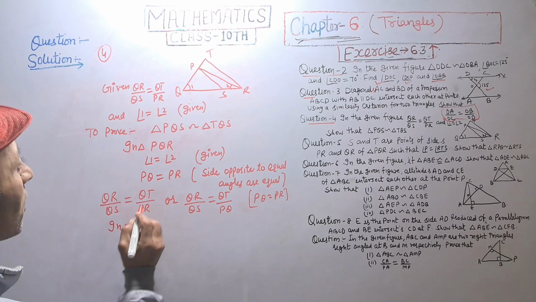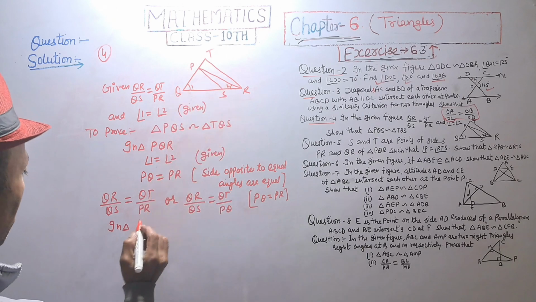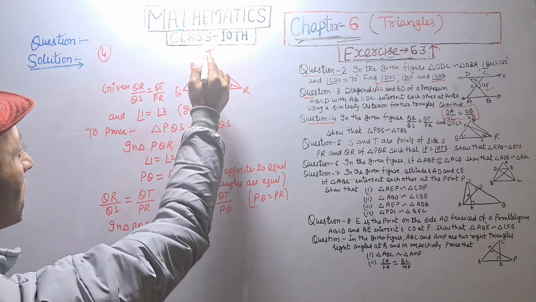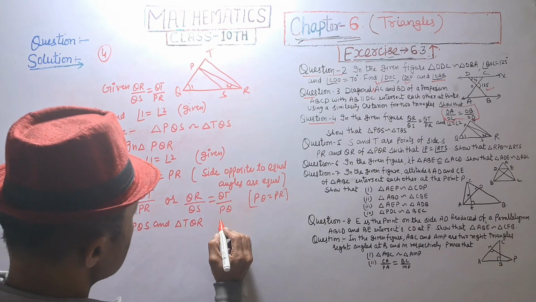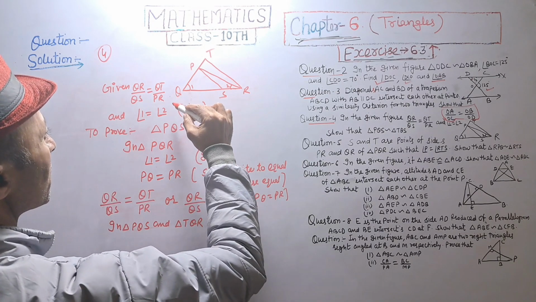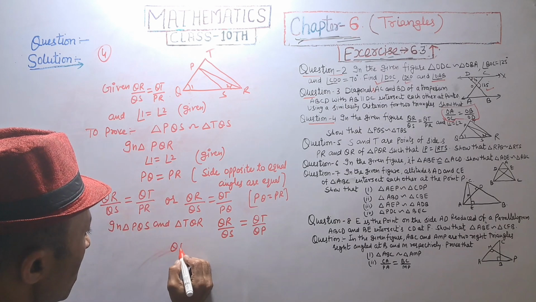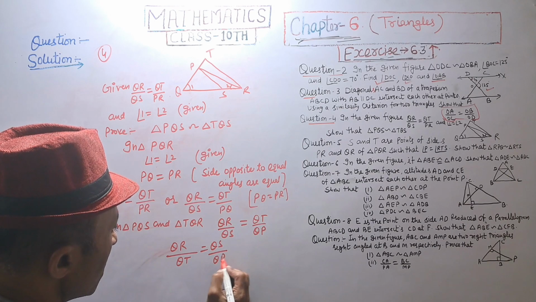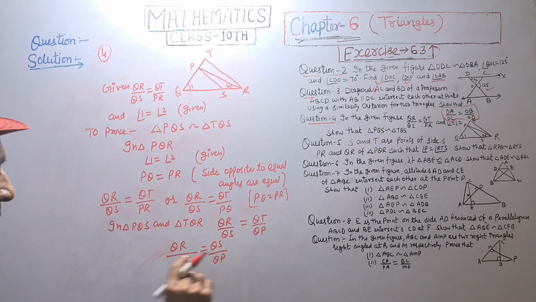In triangle PQS and triangle TQR, QR upon QS is equal to QT upon QP. So QR upon QT is equal to QS upon QP.